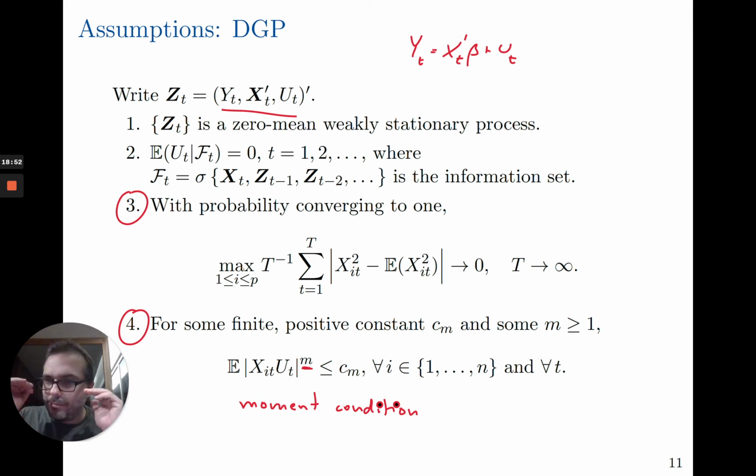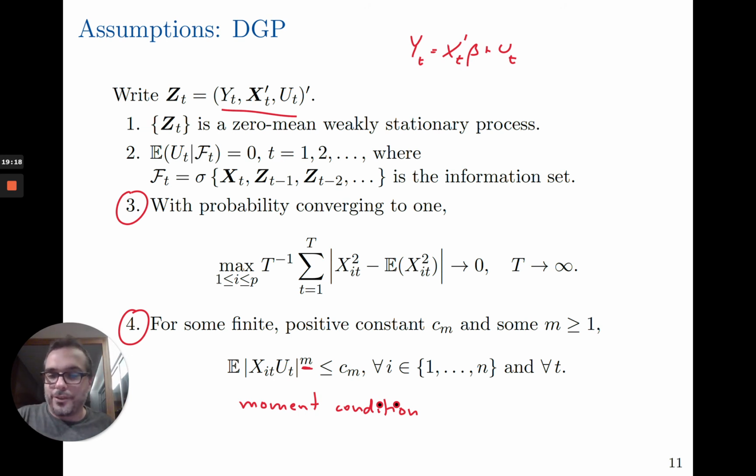Probably m is quite large. But if you look at these distributions and they have ugly tails, very fat tails, outliers, and they are asymmetric, looking very different from a Gaussian, probably the value of m is not that large.